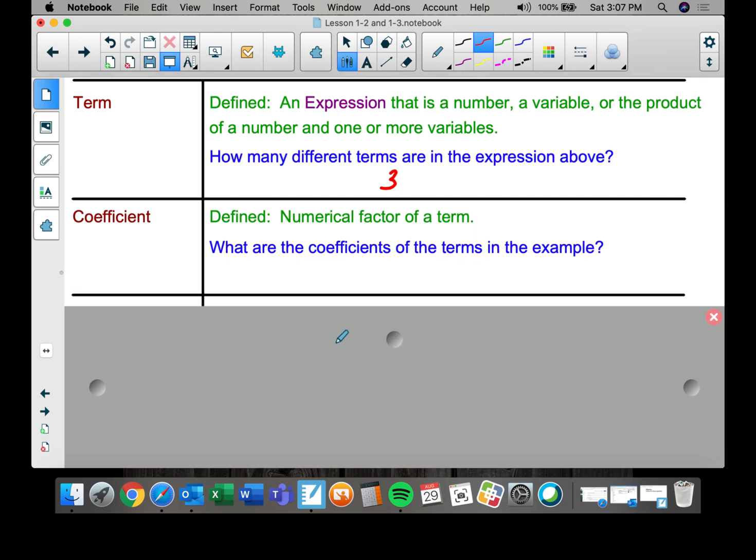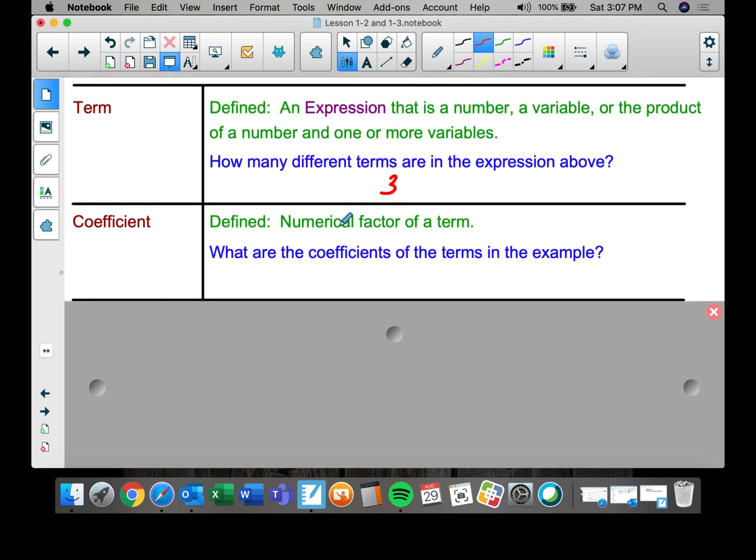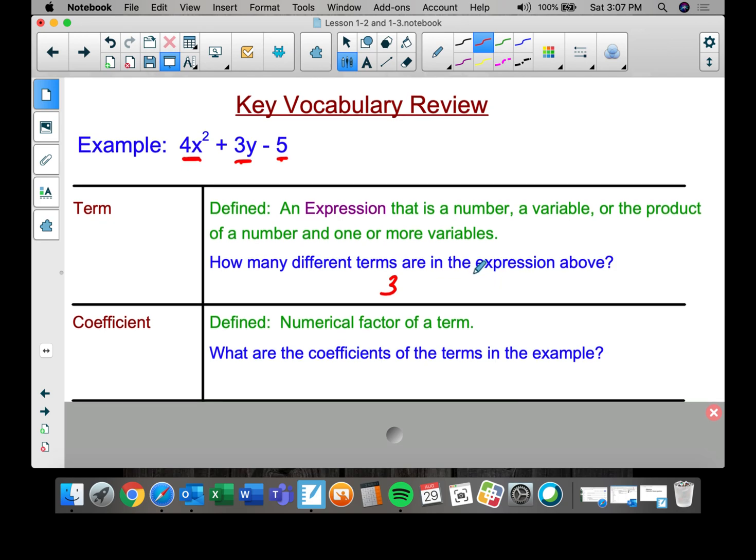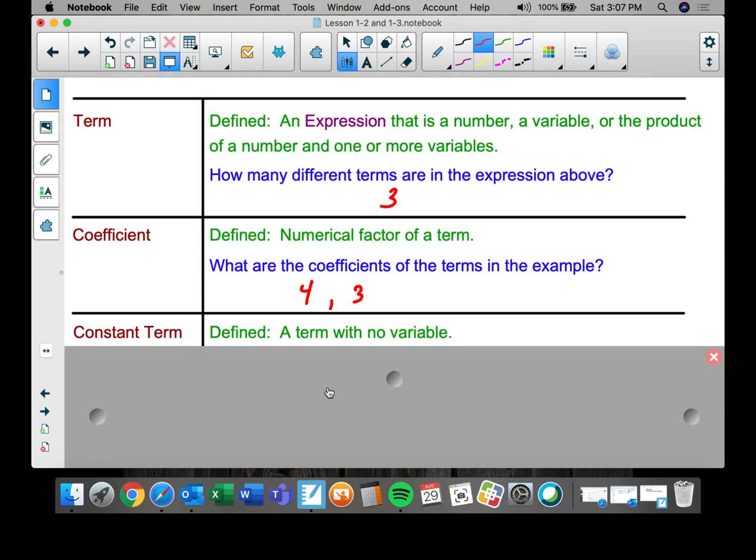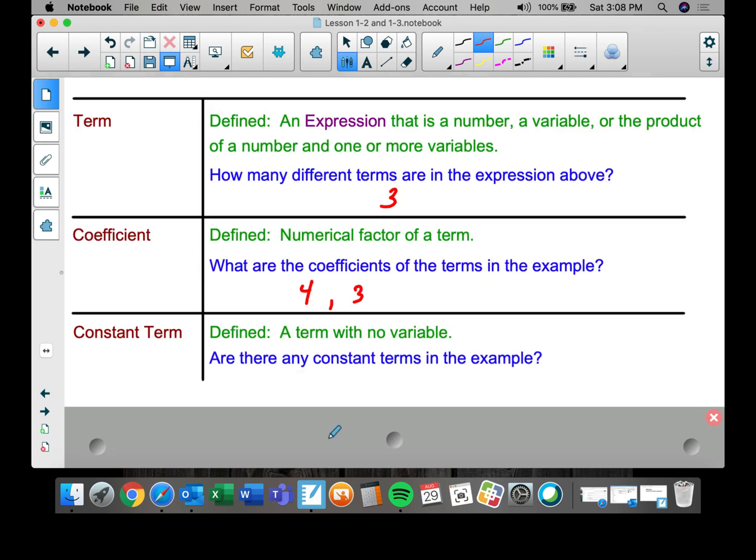Then we talk about coefficients. A coefficient is really just the number in front, at the very beginning, the numerical factor of a term. So what are the coefficients in this one? The 4 would be your coefficient of x squared. The 3 would be the coefficient of y. And then -5 is just your constant. Are there any constants?